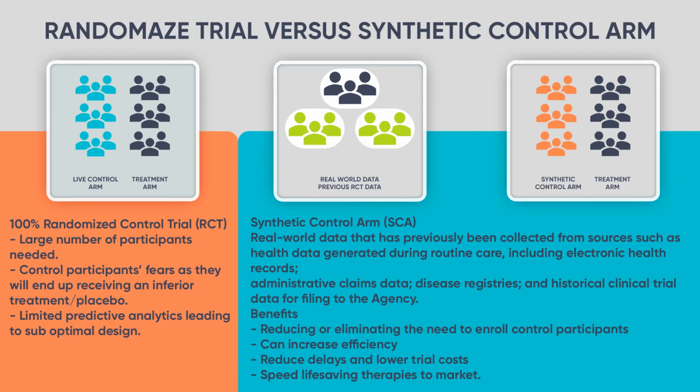We do a lot of trials in the industry in oncology, and a lot of times patients want to be in a clinical trial where they have the chance to receive an investigational drug, and some patients don't want to be in a trial where they could potentially receive a placebo.